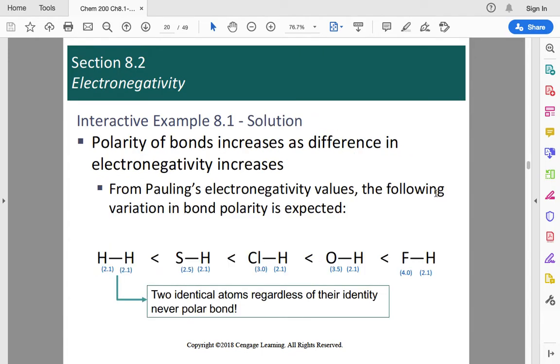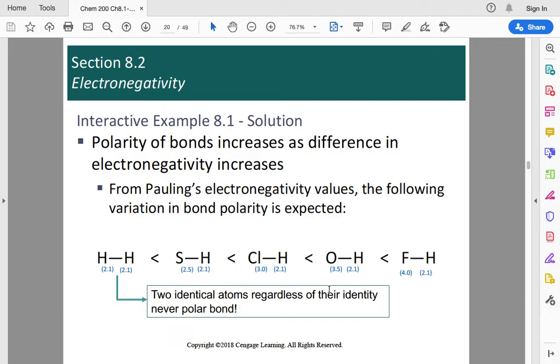So when we look at polar bonds, as they increase in electronegativity, we're going to have these differences. In the 5 examples that we had here of 5 different types of bonds, they all share a hydrogen. So that's what we're comparing here, a hydrogen to different elements. Now, I made a note here.